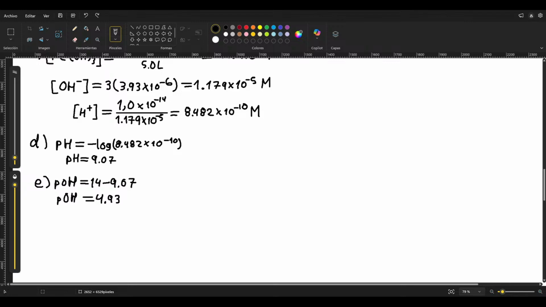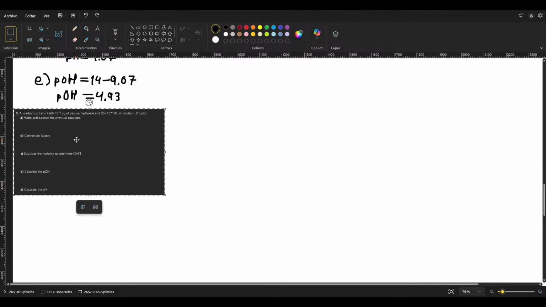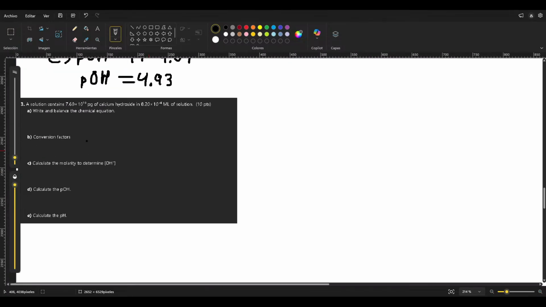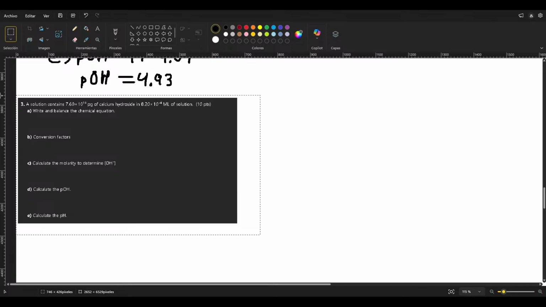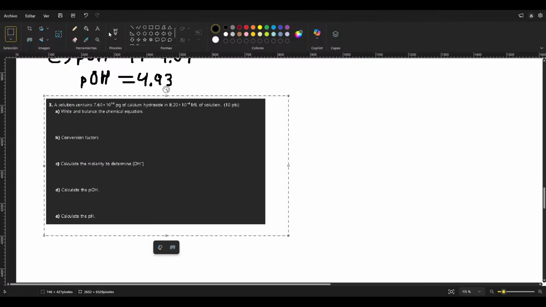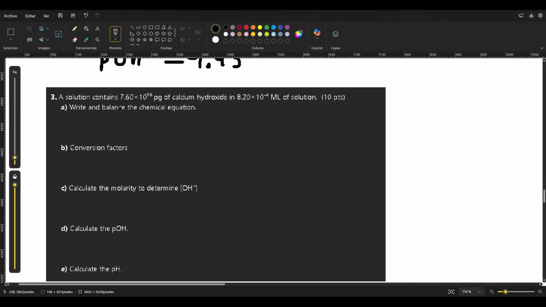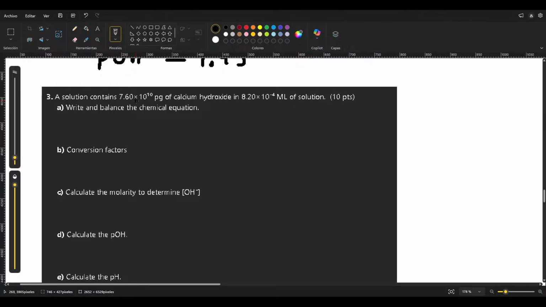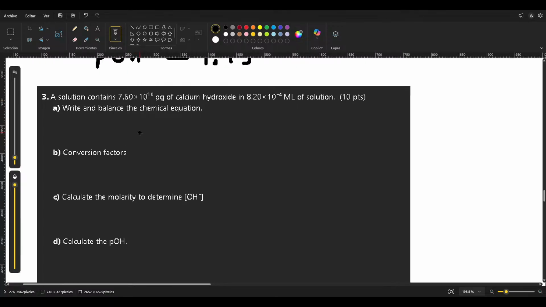Okay. Next question. A solution contains 7.60 times 10 to the 10 picograms of calcium hydroxide in the medium of solution.